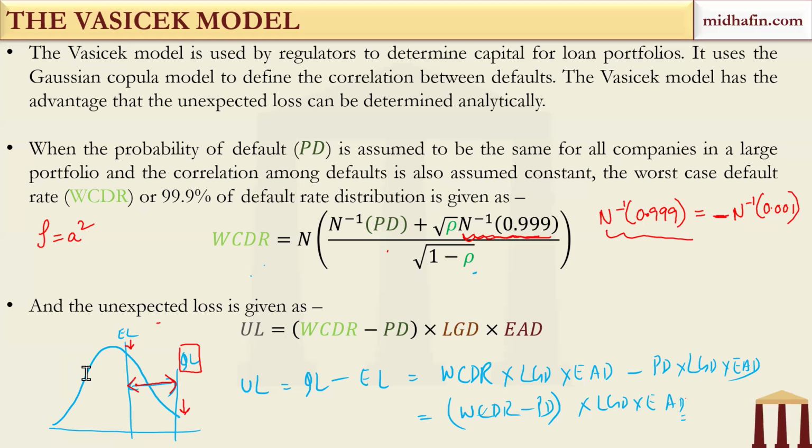Another contradiction is that this WCDR, in the first intuition, it will seem that this is actually lower than PD because the worst case scenario will have a lower probability. Agreed or not? Are you understanding what I'm trying to say?